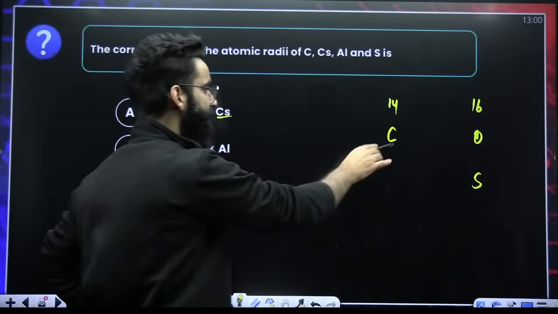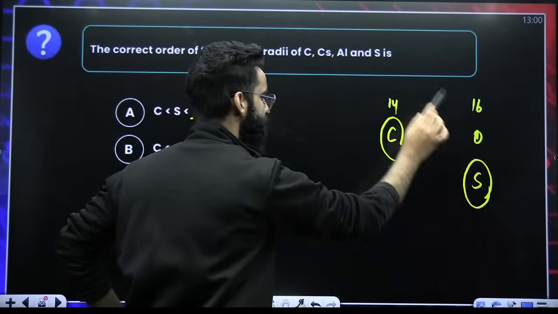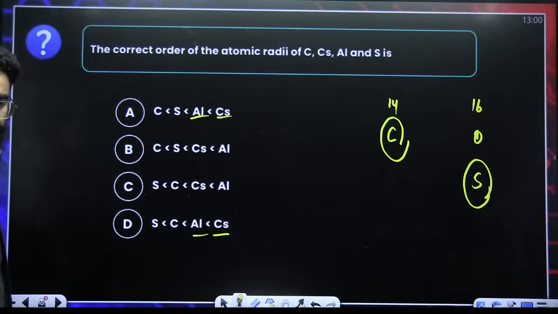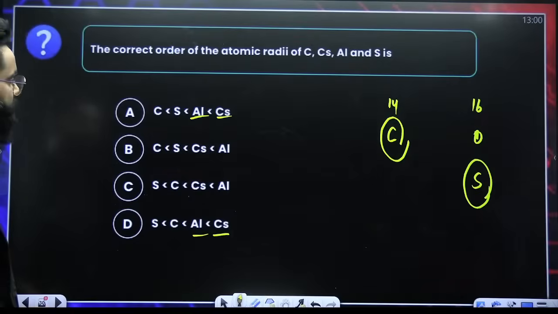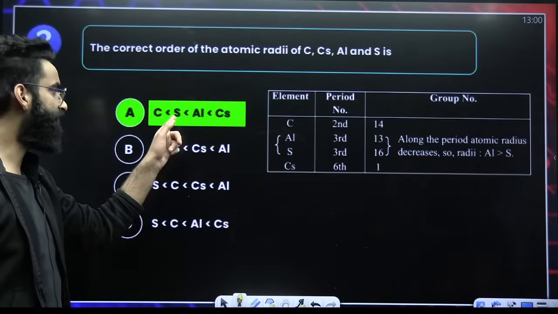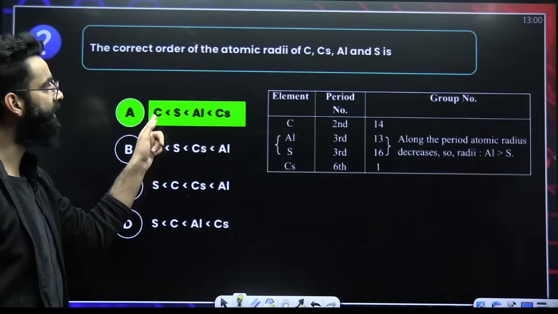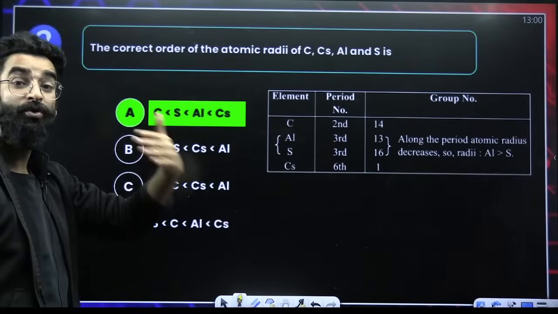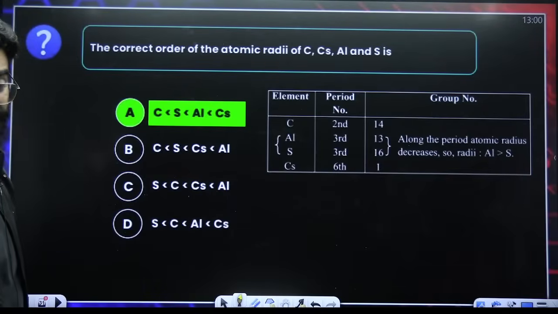Their period is different here. Sulfur has more size than carbon. Why? Because in sulfur there are more shells. Period number is not the same.